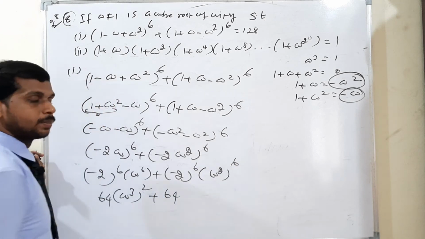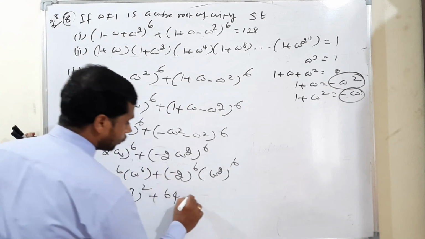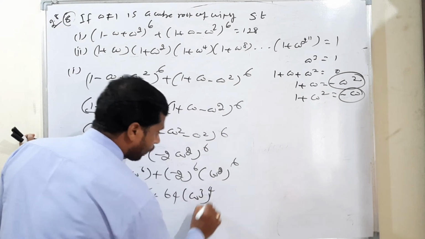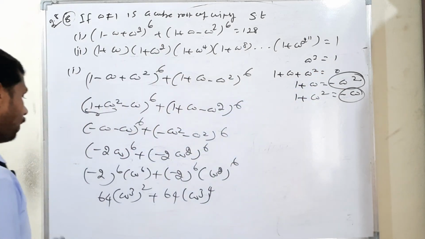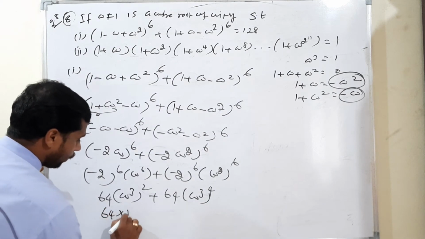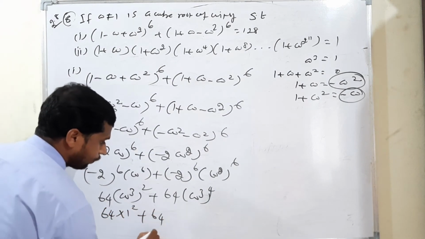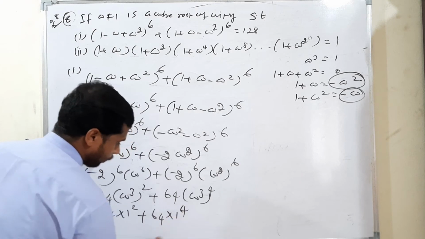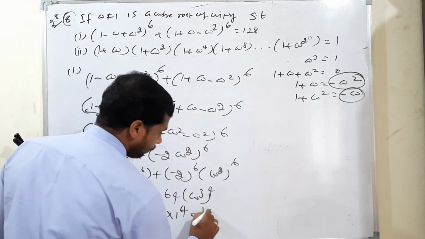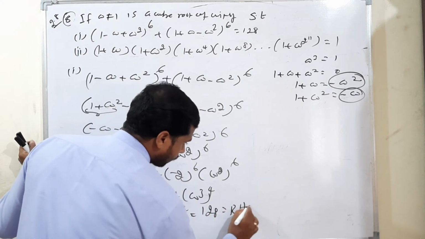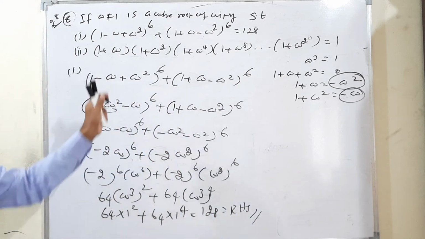Here 2 into 6 means 12 will come, so how to convert it? (ω³)⁴. We already know for the cube root of unity the value will be 1. Therefore 64 into 1² plus again 64 into 1⁴. Since 1 to any power is 1, 64 + 64 is equal to 128. This is the RHS. This is hence for subdivision 1.